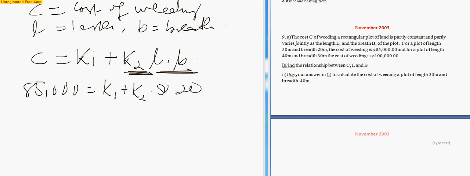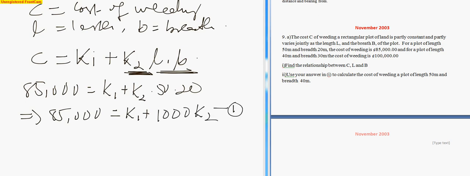Which implies that 85,000 is equal to K1 plus 1,000 K2. Let's call this equation 1. And then we also know that for a cost of 100,000, K1 plus K2 times 40 times 30.